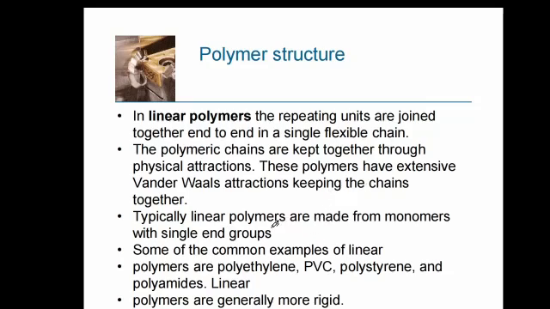And typically, linear polymers are made from monomers that have single end group, or single end active sites. Remember when we talked about the free radical polymerization, for example, we have a chain that must have a lone pair of electron at its end, so that it can be able to bond to other monomers or initiator molecules.